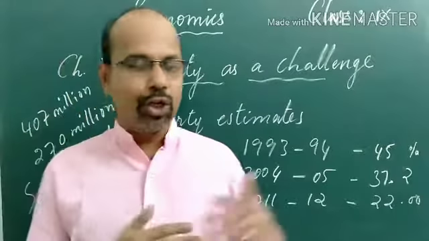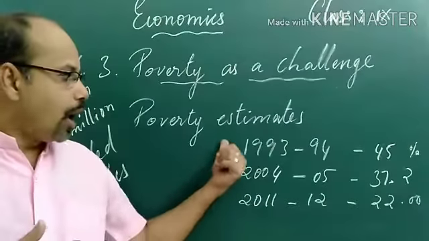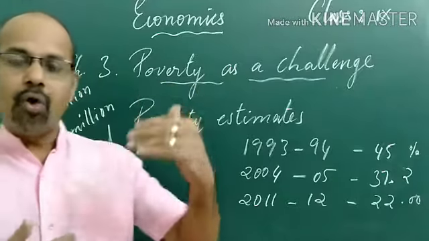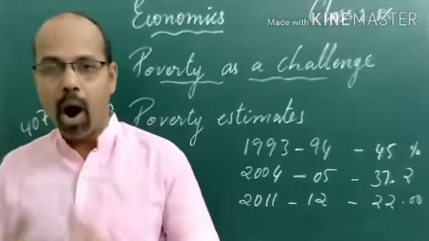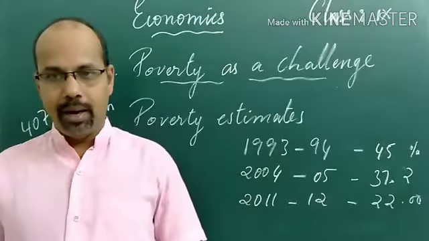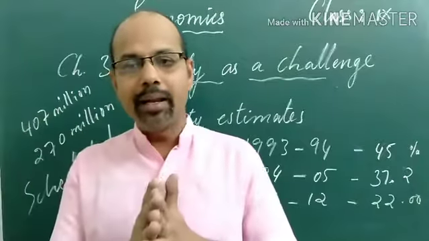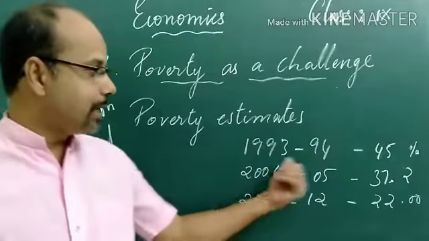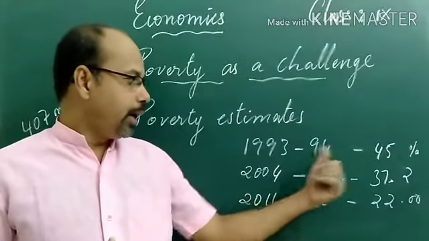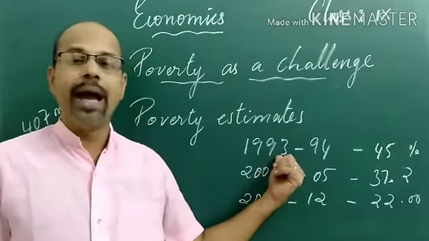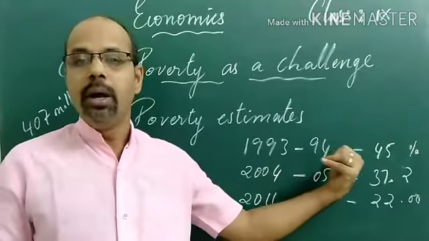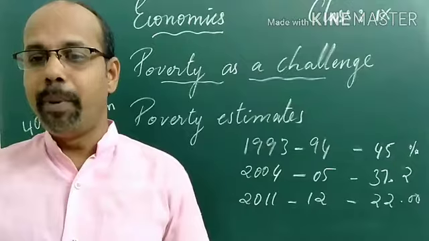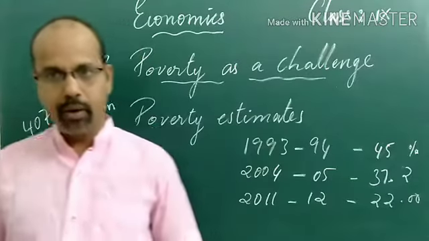From these ratios, different ratios year wise, we can see how poverty has come down or declined in our country after independence. It's very clear that about 45% of the people were poor in the 1993-94 period.